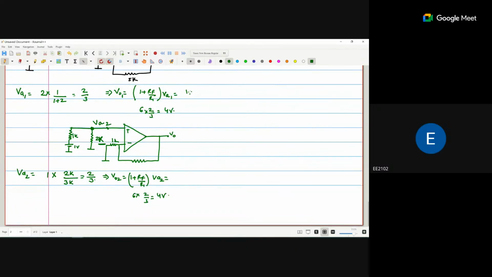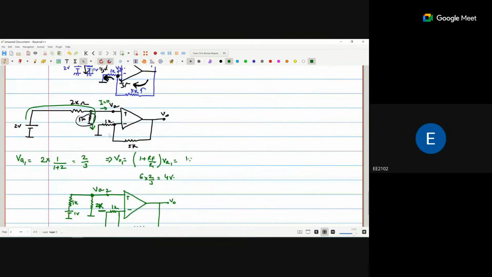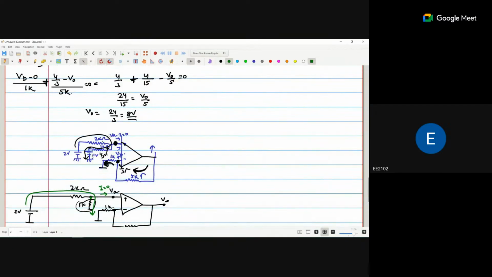Okay, and according to the superposition theorem, V naught is nothing but V naught 1 plus V naught 2, equal to 4 plus 4 is equal to 8 volts. So this is the 8 volts. You can see that with the other method we are also getting the 8 volts here.